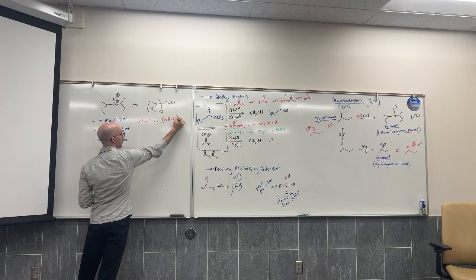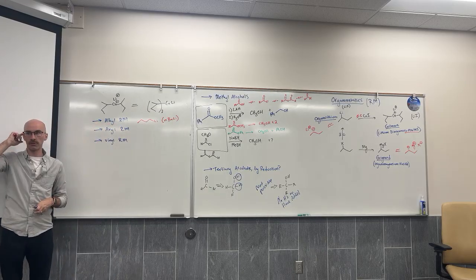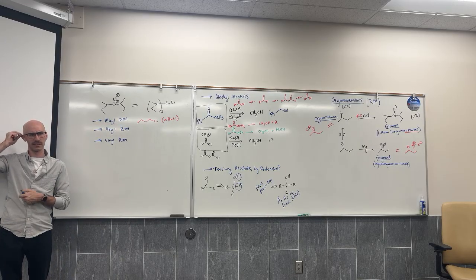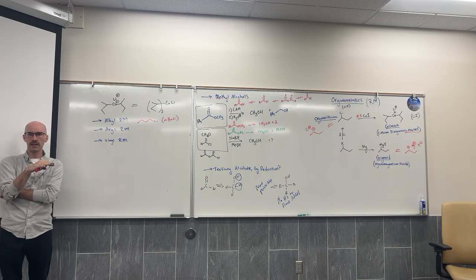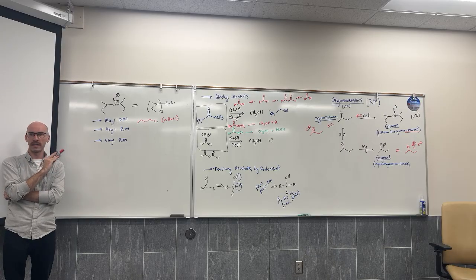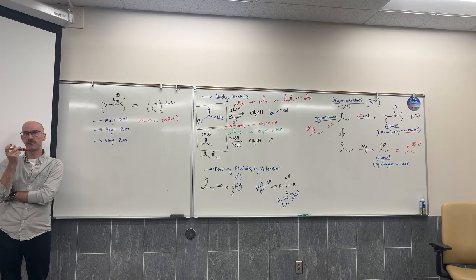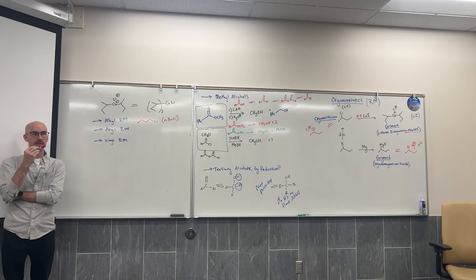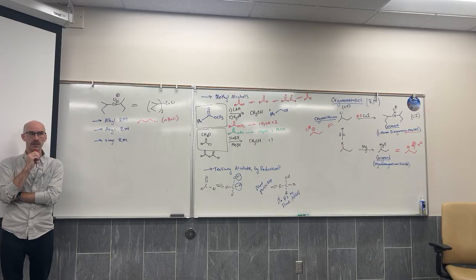A really common alkyl organometallic is n-butyllithium, a normal chain butyl bonded to lithium. This is a very, very strong base because carbon is a very, very strong base. But it's a very common version of the organometallic on an alkyl chain.